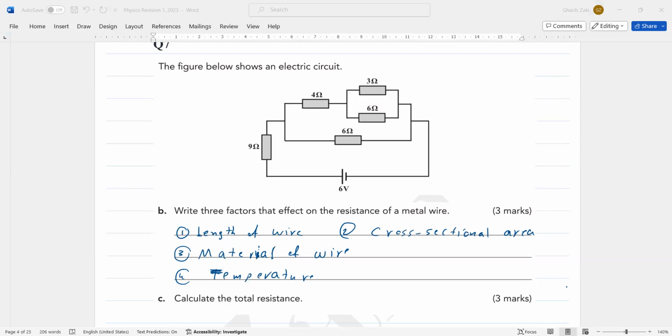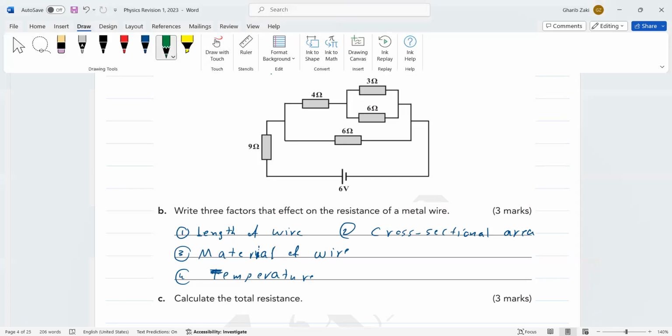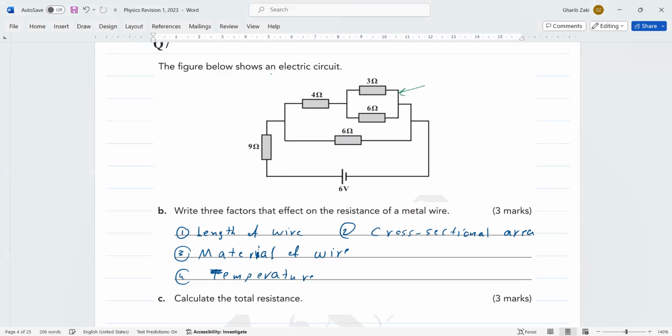Now, how can we calculate the total resistance? First of all, we divide the circuit into parts. The 3 and 6 ohm resistors are connected in parallel. So (1/3 + 1/6) to the power -1.